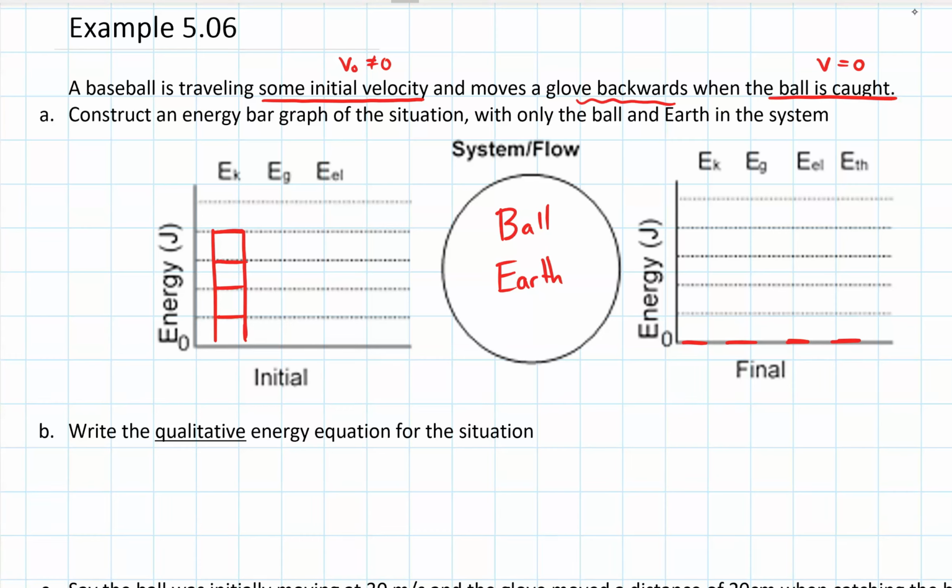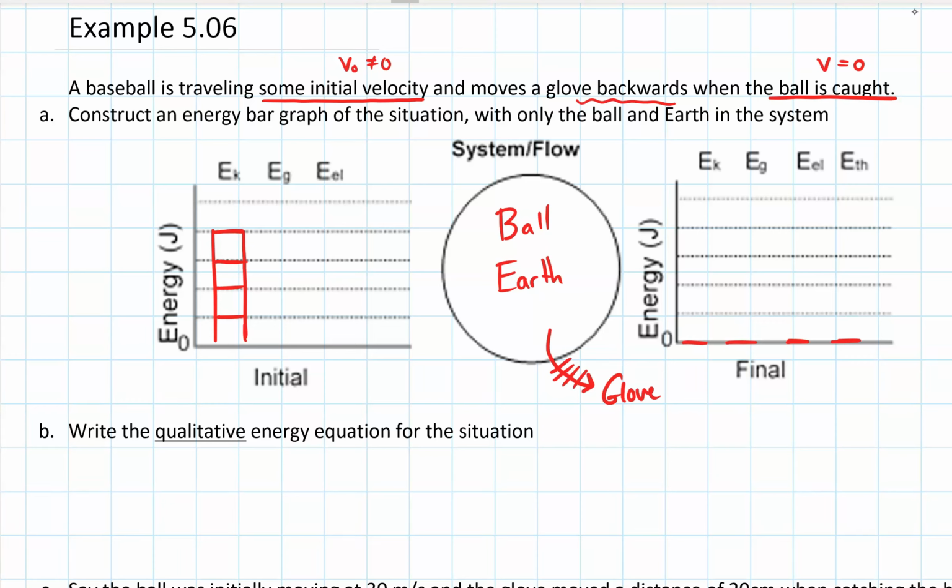Remember, only the ball and earth are drawn in our system, and the glove is out here. So what we need to show is that energy is leaving the system through the glove. How much? We had 4 blocks of kinetic energy, so I'm going to draw 4 little tick marks, 1, 2, 3, 4, to show the glove took all of the energy out of our system.